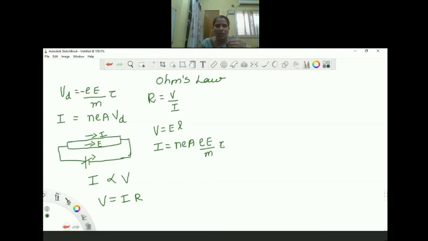So can we write it as n e square A E by m into tau.